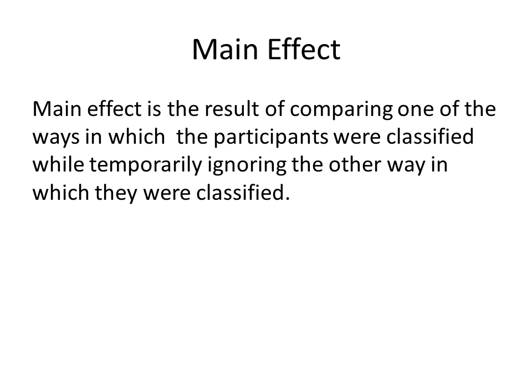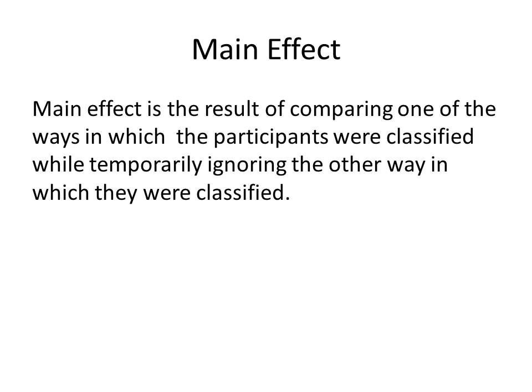Now, the main effect is the result of comparing one of the ways in which the participants are classified while we're temporarily ignoring the other way in which they were classified. Remember, we were looking at the types of program, which was one of the ways in which the participants were classified, and we were temporarily ignoring whether they have a high school diploma or not.